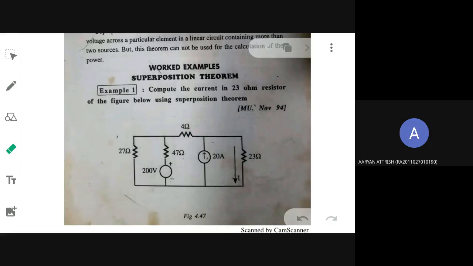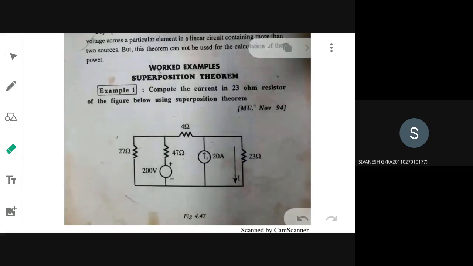So what will you do for the superposition theorem? Suppose you are given a circuit where there are many sources and you are asked to find the current through a particular branch or the voltage across that branch, then what will you do? Neglect all remaining sources.